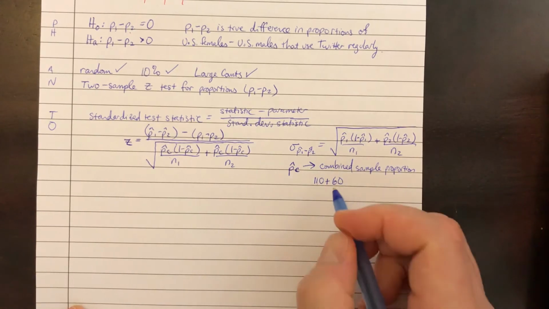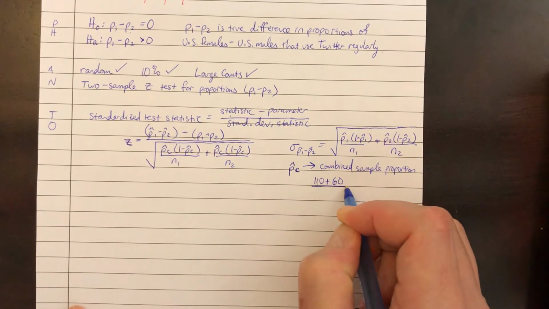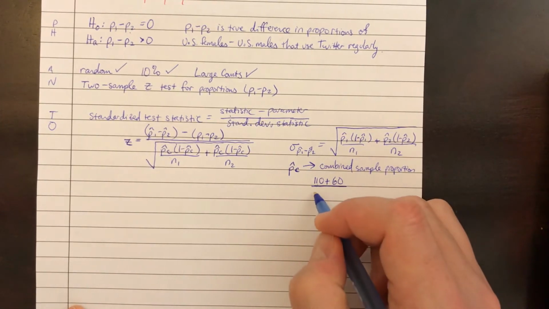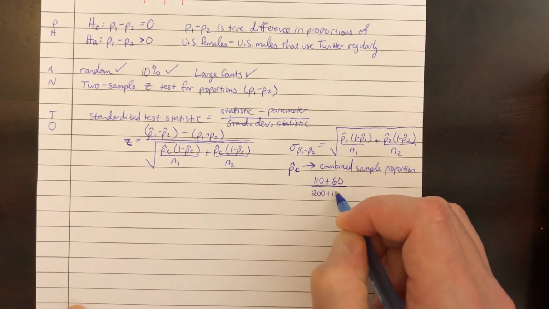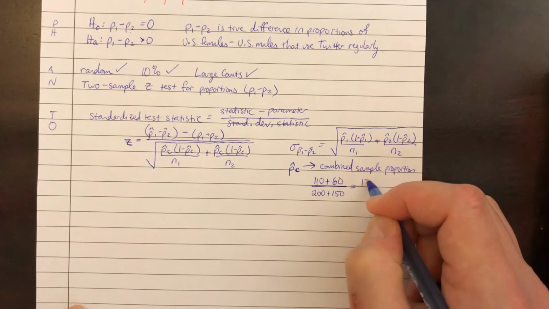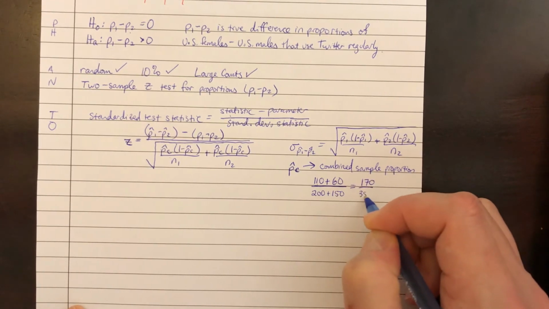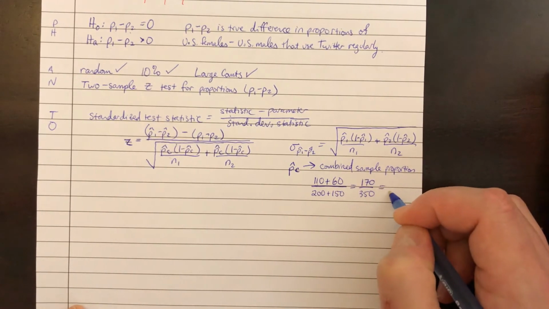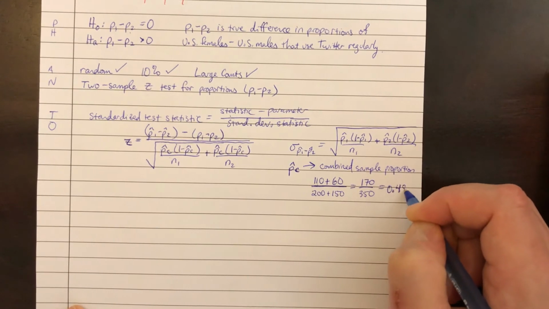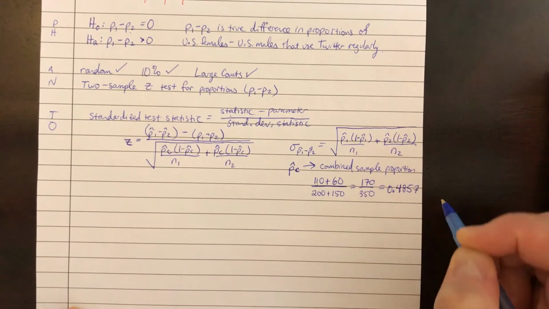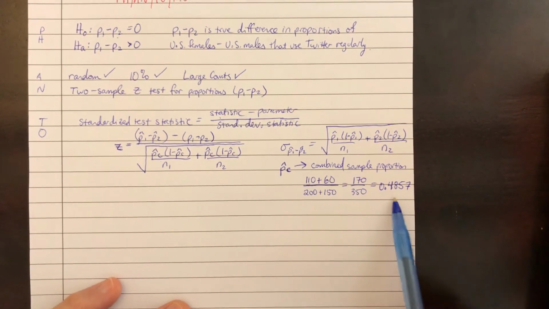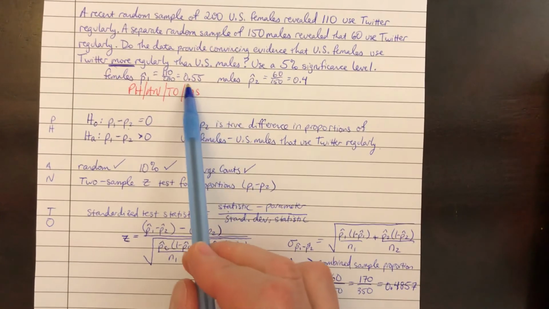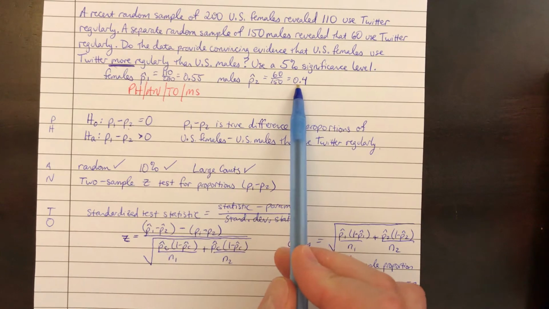So 110 plus 60, divided by the total number of females in the sample and the total number of males. So we get 170 divided by 350, which works out to a decimal, 0.4857.